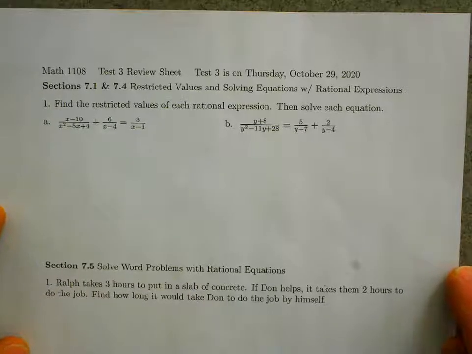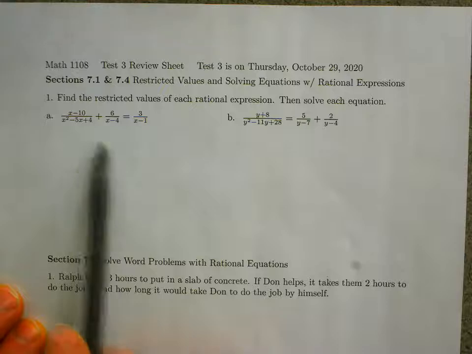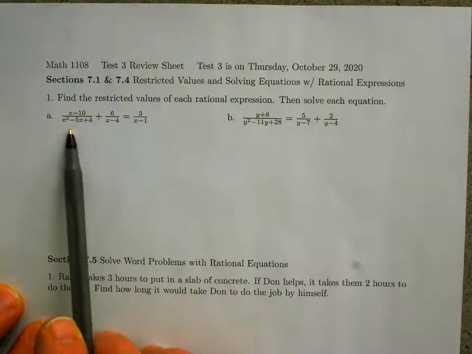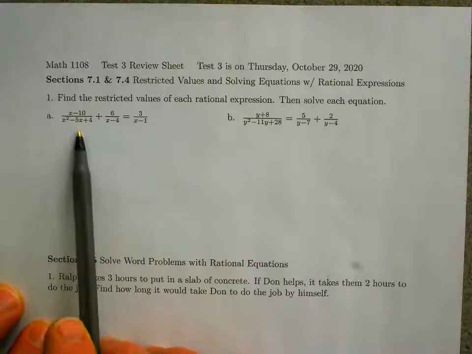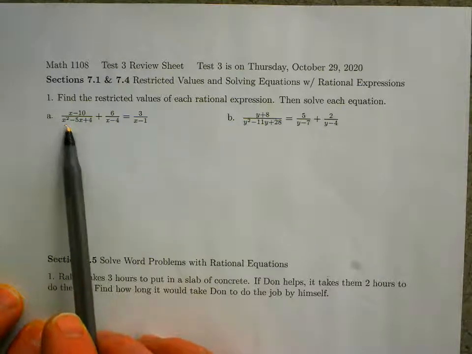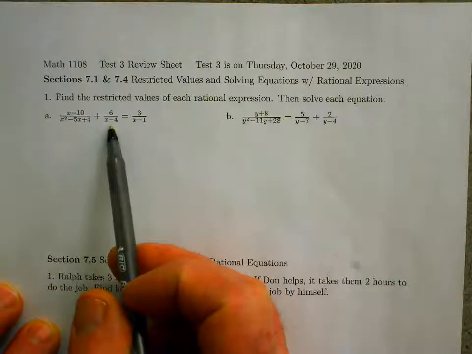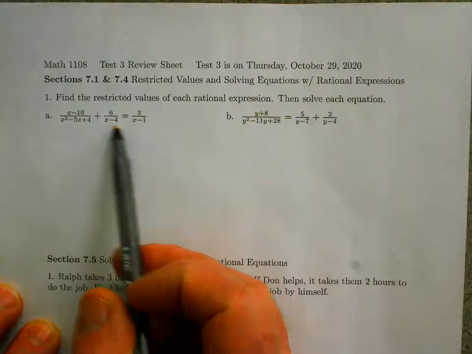Number 1, find the restricted values for each rational expression and then solve each equation. So on this first equation on the left, we'll note that the denominator x squared minus 5x plus 4 is the product of the other two denominators, x minus 4 and x minus 1.